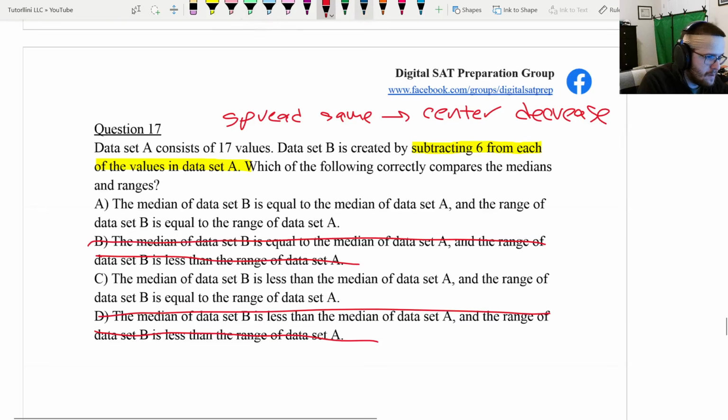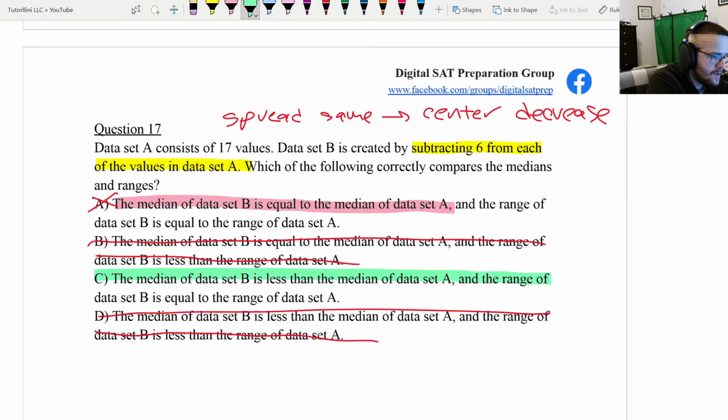Okay, so looking at answer choice A, this one says the median of dataset B is equal, so that is wrong. So I think it's got to be C. So the median of the new dataset is smaller, and the range stayed the same, because when you add or subtract a number to all the numbers, all you're doing is just shifting it left or right.